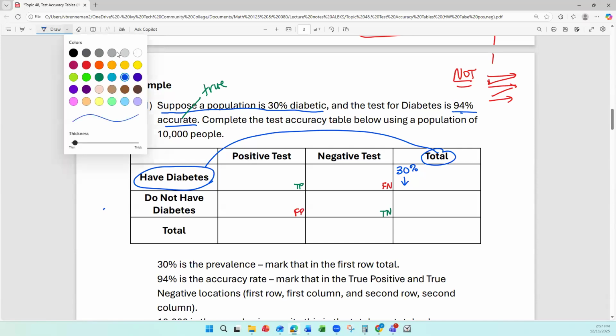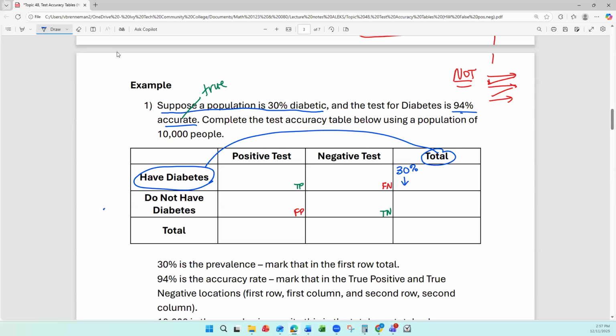So the accuracy rate, the 94%, is going to be the true positive and the true negative. Now, each of those is going to be a percent of its row total. So 94% of the total that have diabetes, 94% of the total that do not have diabetes. And then we're going to use a population of 10,000 people. That's going to be the overall total.